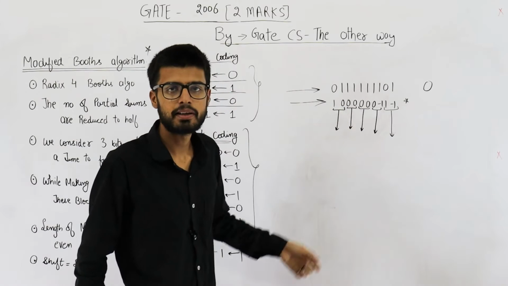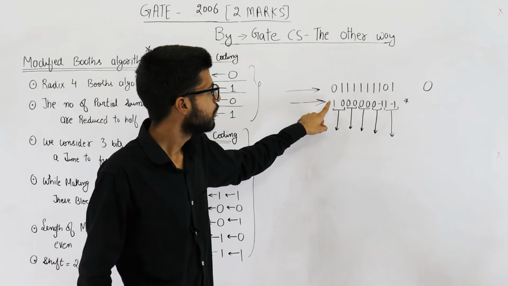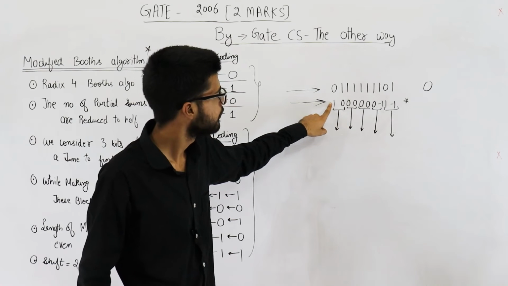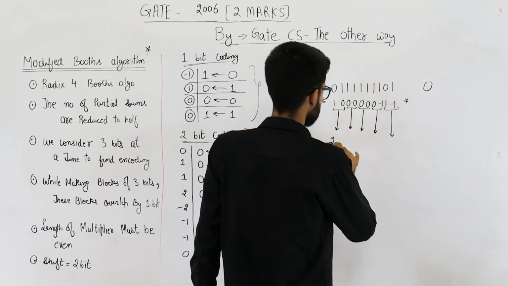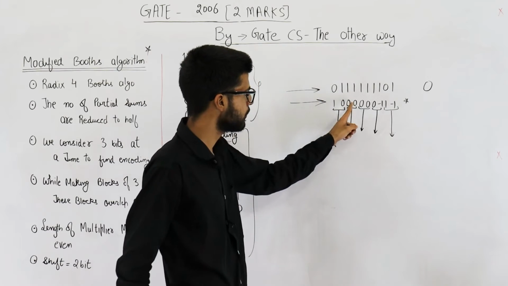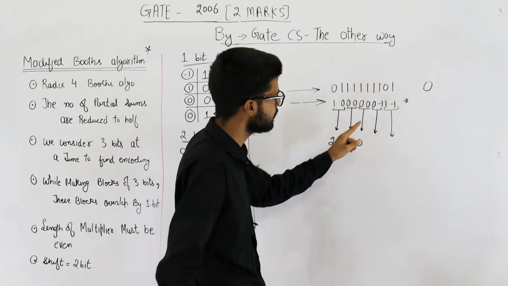Interpret this one as a binary number. What is this binary number? It is 2 power 1 into 1 plus 0. That means this is 2. Similarly, this binary number is 0. This binary number is also 0. What is this binary number?